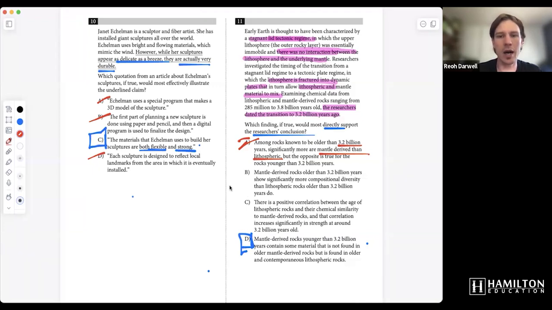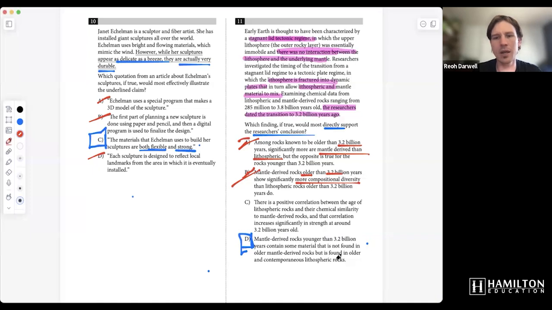All right. Again, B, older than 3.2 billion years ago, has more compositional diversity. It should have less, right?